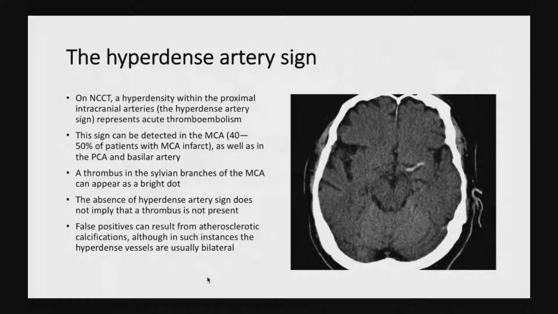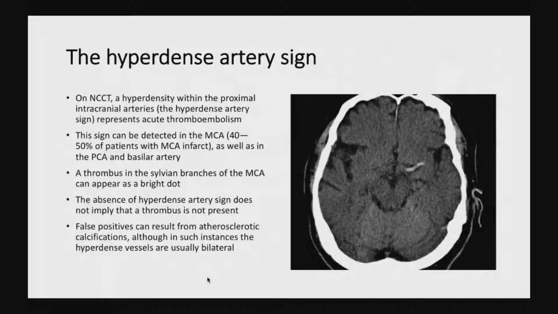And you can see on the images provided, the first column is the non-contrast head CT, and you can see on the left side, in the left MCA territory anteriorly, there is a subtle loss of the gray-white matter interface. Then on the next column, we can see the CT perfusion where there is abnormal perfusion in the same territory.